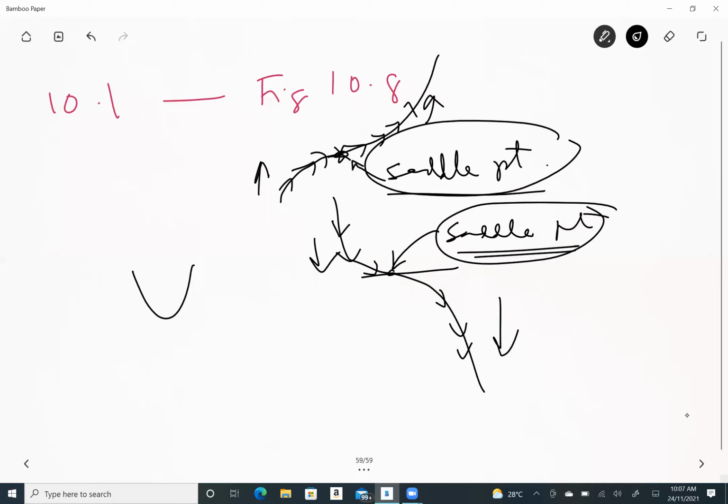Because you see the curve continues to go up or continues to go down. You don't have a valley. Okay, like this one, you have a valley. Or if it's the maximum, you have the mountain top.